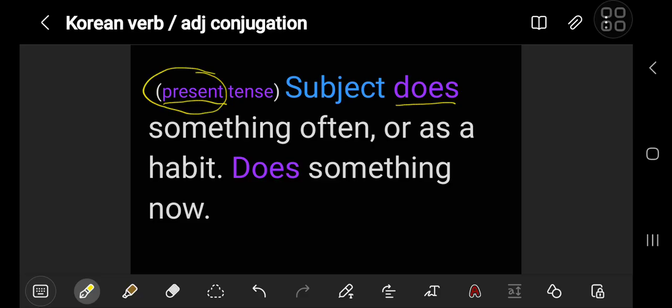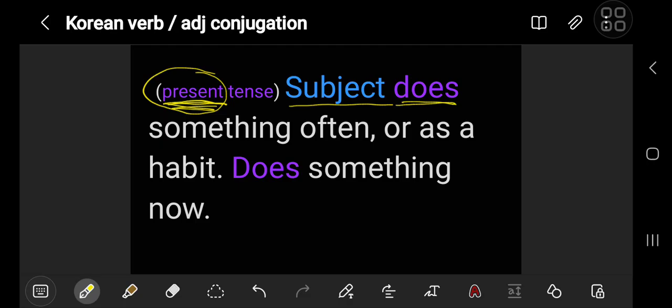It tells you that the subject of the sentence does something related to the present. In English, the present tense is used a little bit differently than in Korean. So here, briefly, I will explain some of the uses of present tense in Korean.